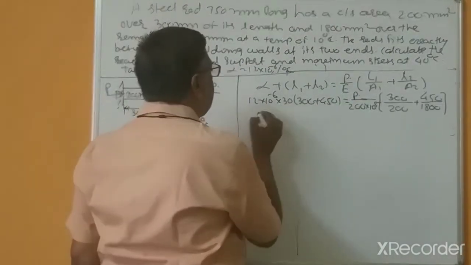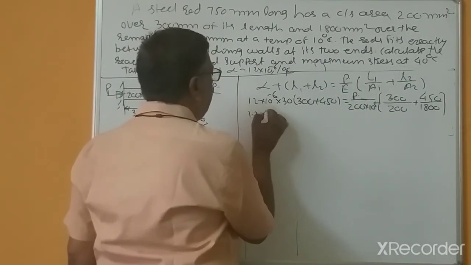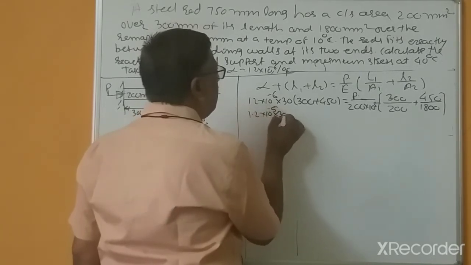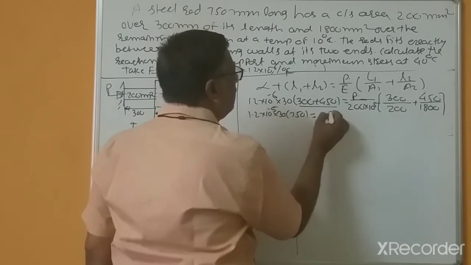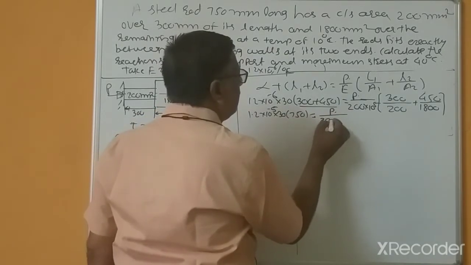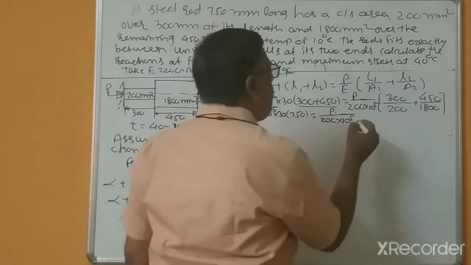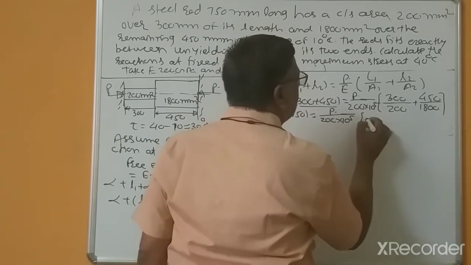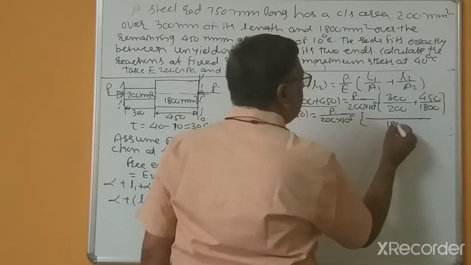So this same equation we can write: 1.2 into 10 to the power minus 5, 30 into this is 750, equal to P, this is 1800.